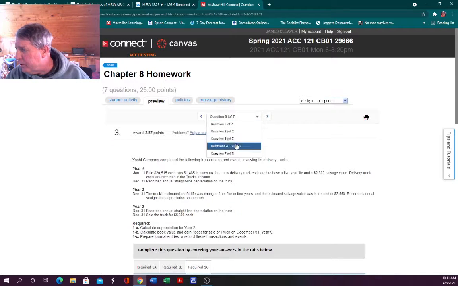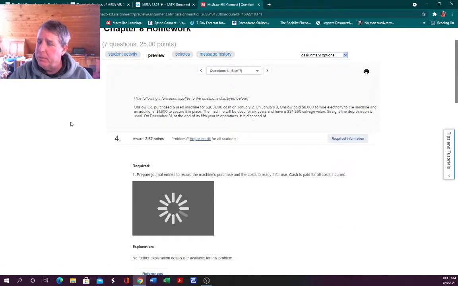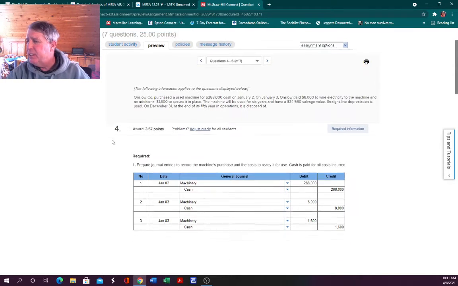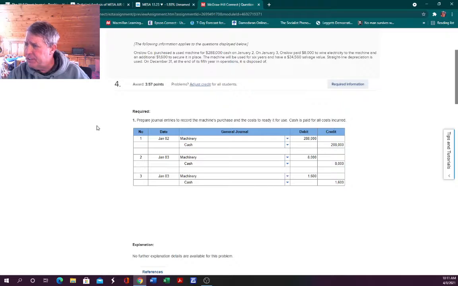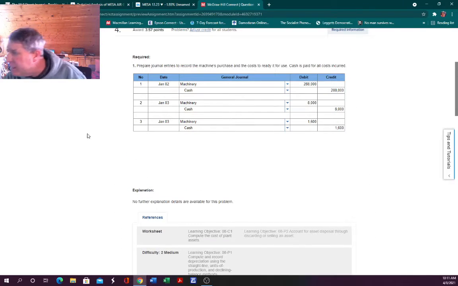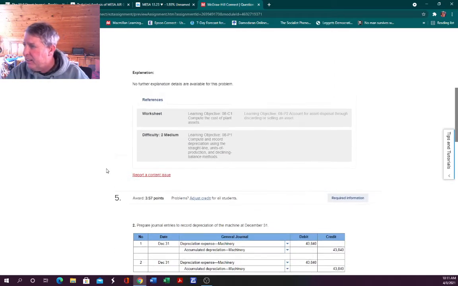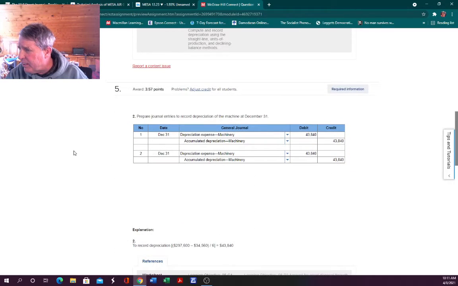Number 4 through 6 is a complicated one, but it's really just more of the same. You're going to journalize first in number 4. Machinery, cash, right? To take that depreciation. All right, 8,000, 1,600. And next is 5.